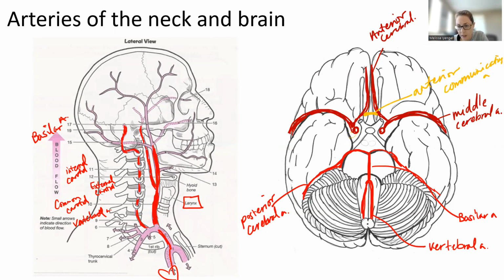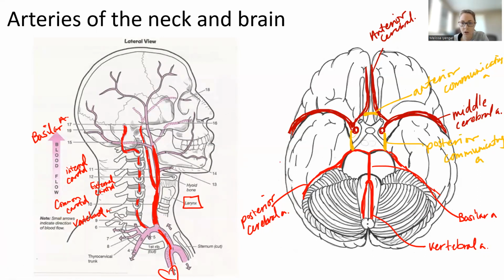And then there's going to be another artery right here and right here that basically bring the posterior cerebral artery to the middle cerebral artery, and these are the posterior communicating arteries. And so that's what creates this nice circle.